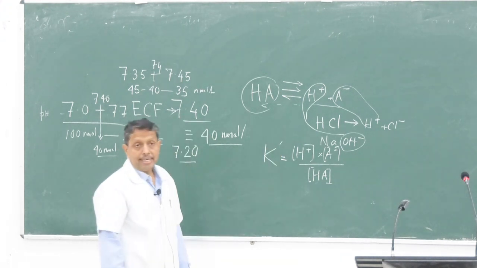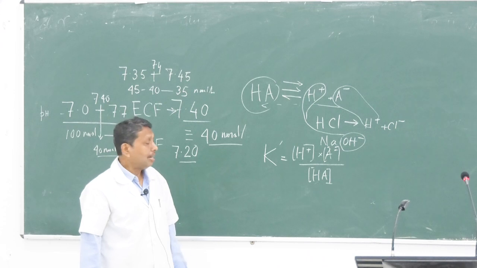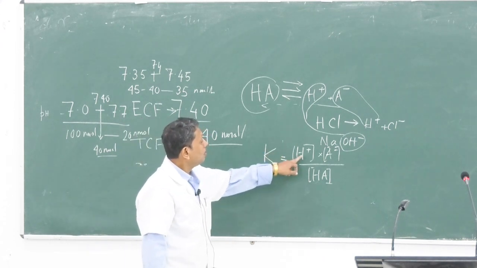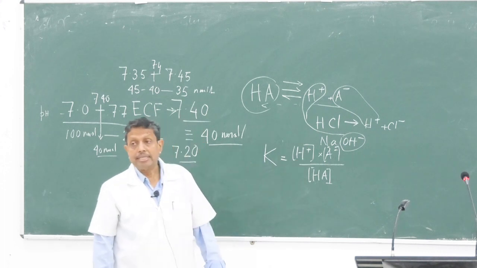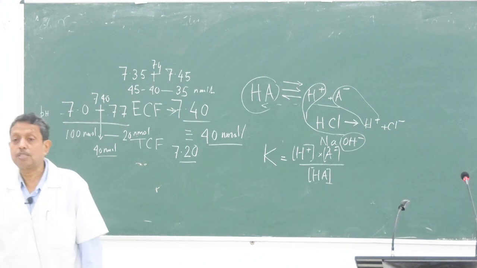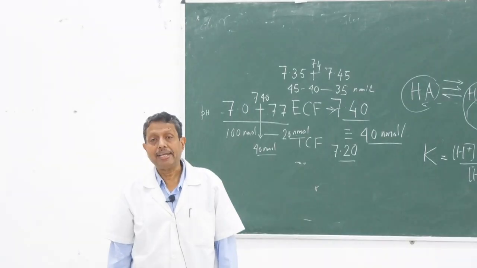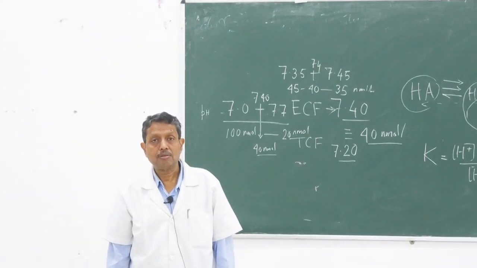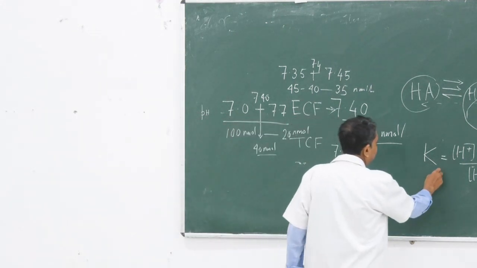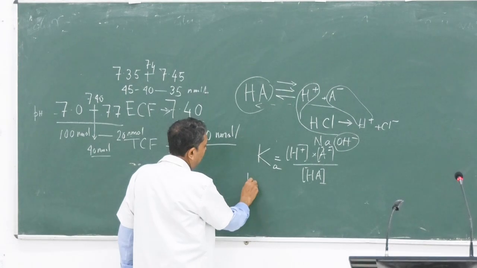Now you can take the logarithm of both sides, and the values can be expressed as pH and pK.